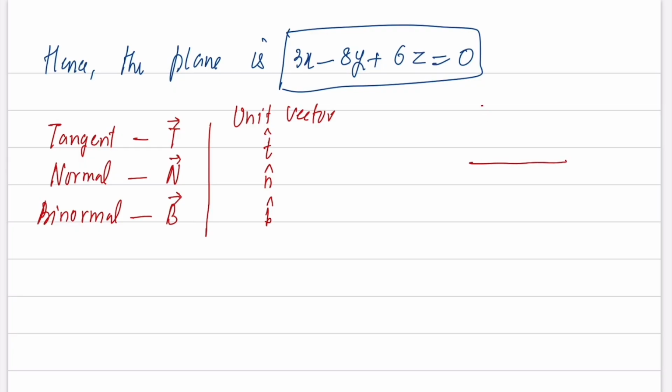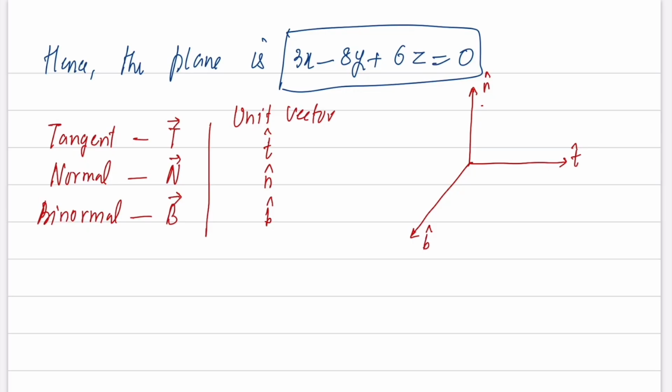So assuming this is our tangent, the unit tangent or the general tangent capital T, it has a vector normal to it, which we call n, taking this in the direction of the y-axis. And then we have the binormal, which is perpendicular to both of them. Let's draw it like here, and this is our b. So these three vectors behave like the three coordinate axes x, y, and z.